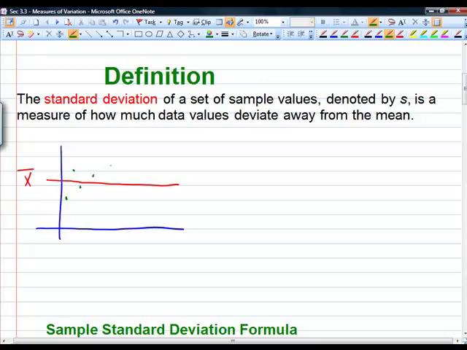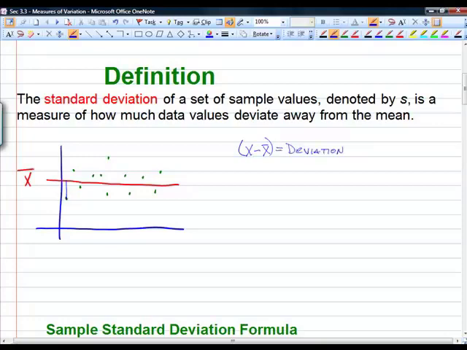Some are above, some are below, but the middle of the data has to go through where the middle of the dots are here. What we do is we measure the difference between this data point and the average, and that's going to be X minus X bar. Remember, X bar is the measure of center. This is called a deviation.